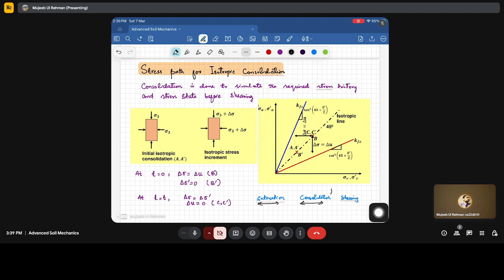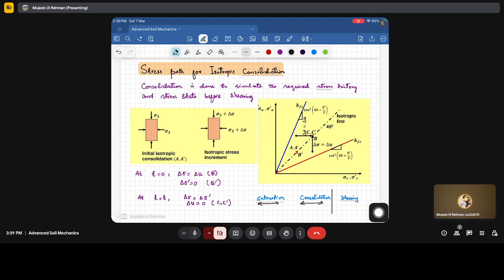Actually, the main purpose of doing this is to replicate the field condition. When we are saturating the sample, we are ensuring that all the voids are filled with water. We are pressure saturating the soil, and once it is saturated, we do consolidation at a confining stress which belongs to the field.